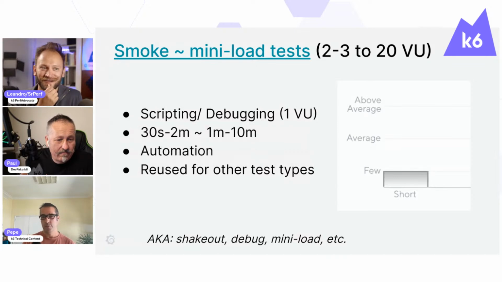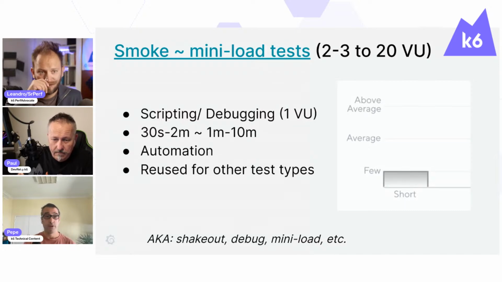Yes, I think what we found was, we were expecting a smoke test, mostly 2-3 VUs, and what we have seen over and over in the last year is that a lot of people are running this small mini load test most of the time. So there is no clear smoke test number, and it varies from 2 VUs to 10 VUs to 20 VUs, probably because they are automating the test, and also in the duration.